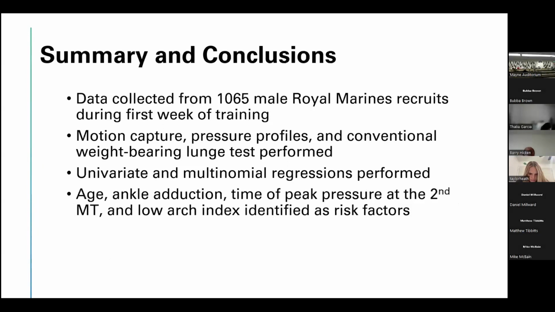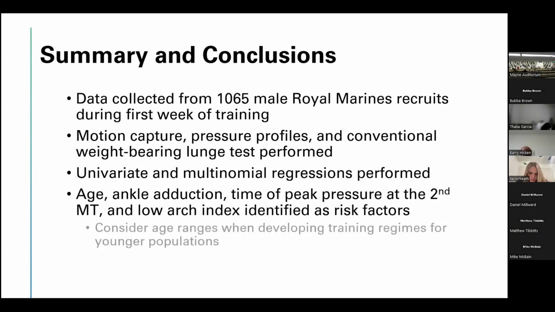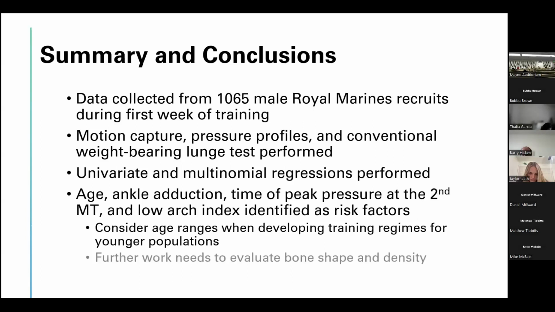And then they determined that age, ankle adduction, time of peak pressure at the second metatarsal, and a low arch index were considered risk factors in obtaining an injury or a fracture at either the second or the third metatarsals. And in terms of practical advice that they could hand back to the military, they said, make sure that you create your regimens so as not to fracture your recruits' bones if they're really young people. And then also that other people need to do more research to look at bone shape and density.